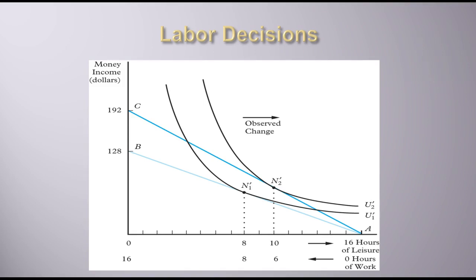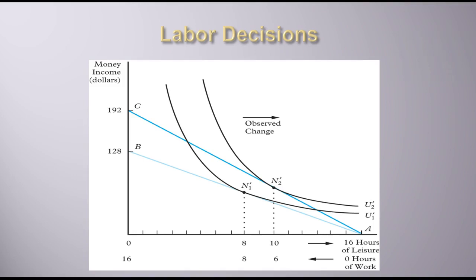But there are two possible outcomes when you get some sort of a raise. When you get an increase in your pay, there's going to be an income effect because you're now making more money, had you worked the same amount of hours, so your income's going to go up.